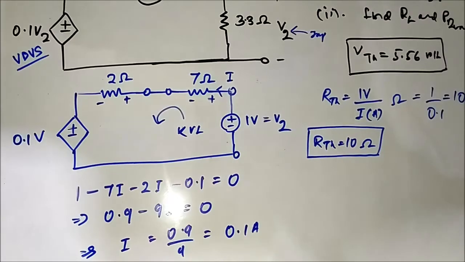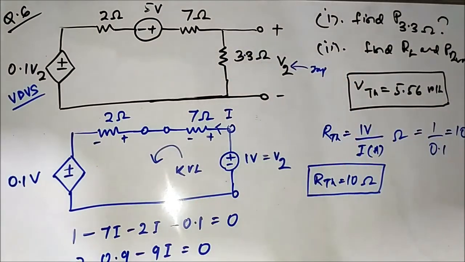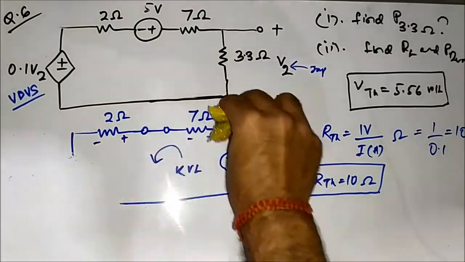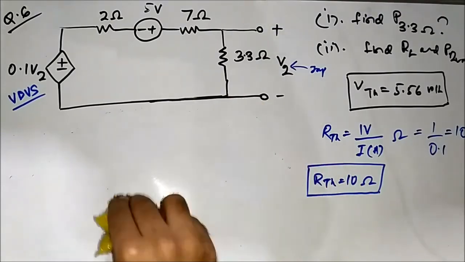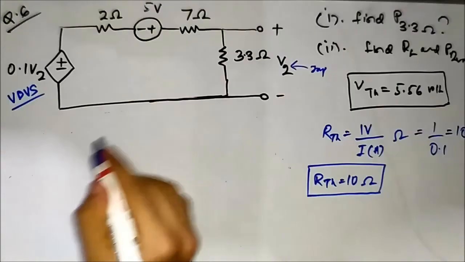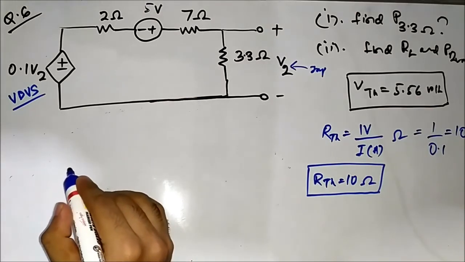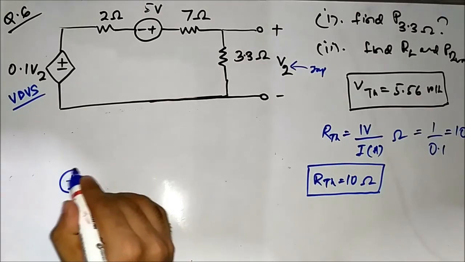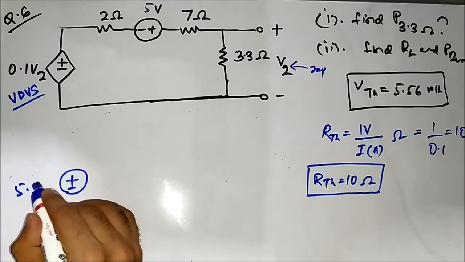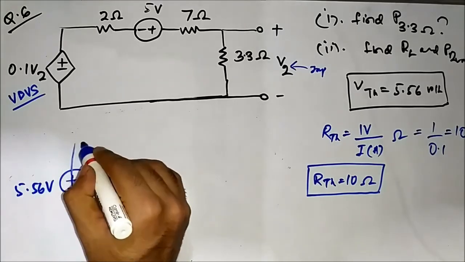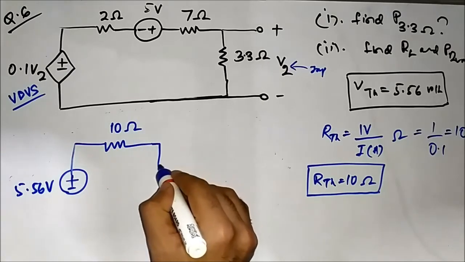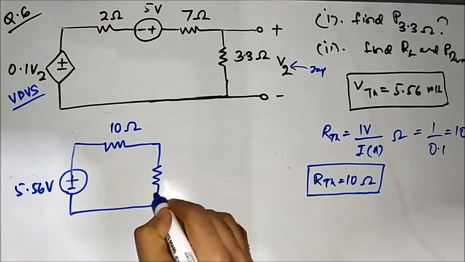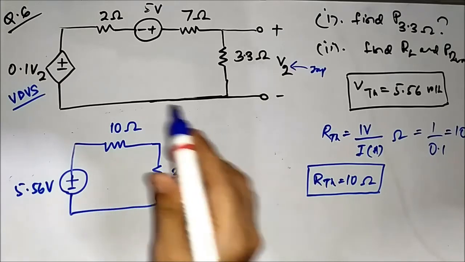Now it has been asked to find the power absorbed by this 3.3 ohm resistor. So for that we have to use the Thevenin circuit, which we have got VTH and RTH, reconnect the 3.3 ohm resistor and find the value of the power absorbed by the 3.3 ohm resistor. So 5.56 volt, 10 ohm, reconnecting the 3.3 ohm resistor.